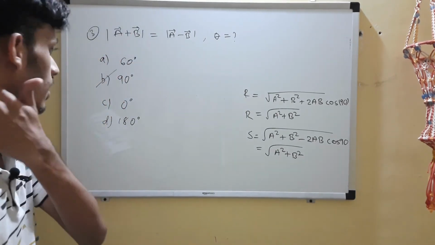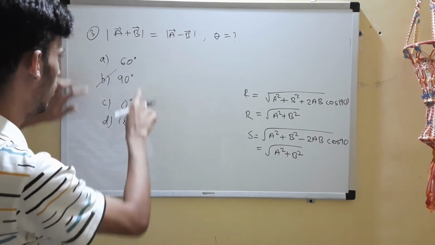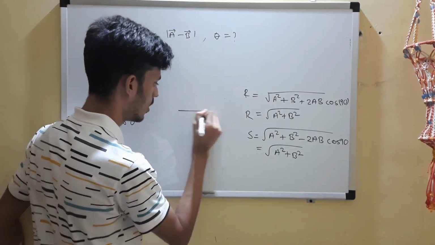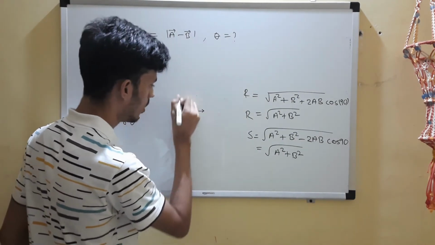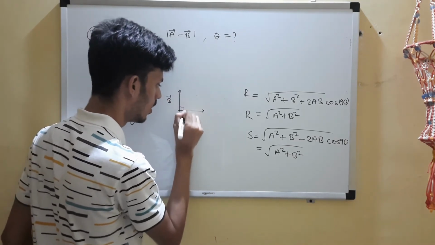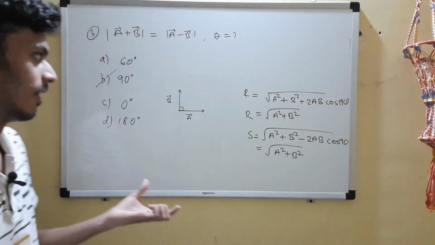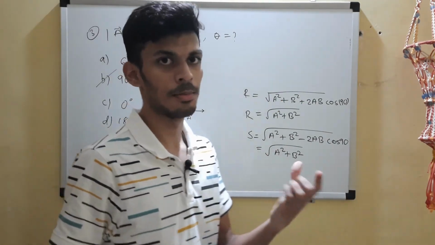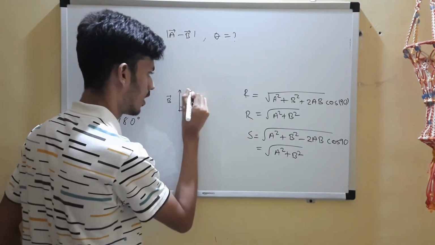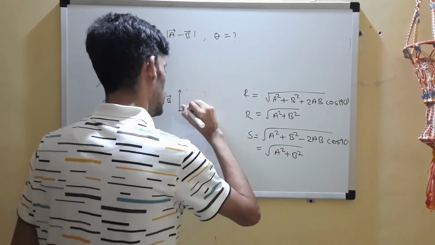Now you can do the same thing for all of these, and you'll get different answers. Now graphically, if a and b are perpendicular to each other, this parallelogram turns into a rectangle. For a parallelogram the diagonals may not be equal, but a rectangle is a special type of parallelogram in which both diagonals are equal.